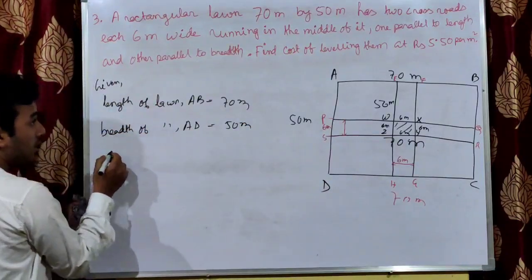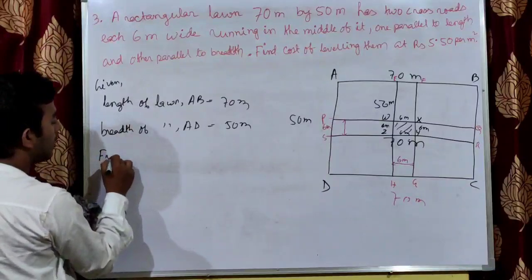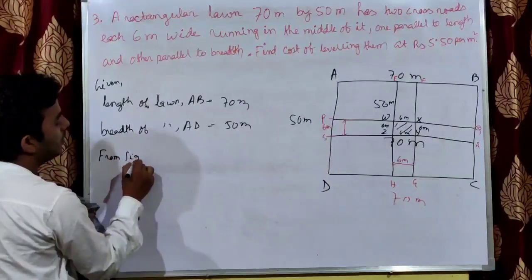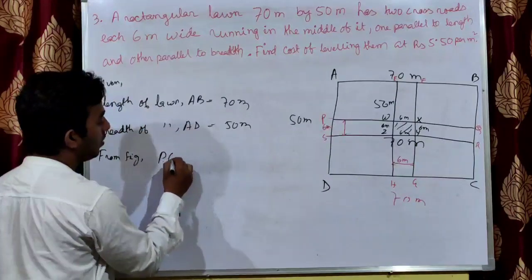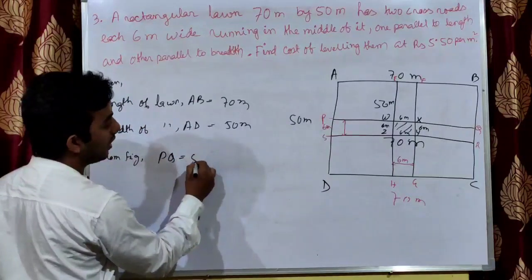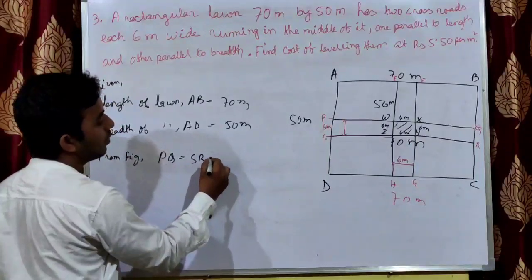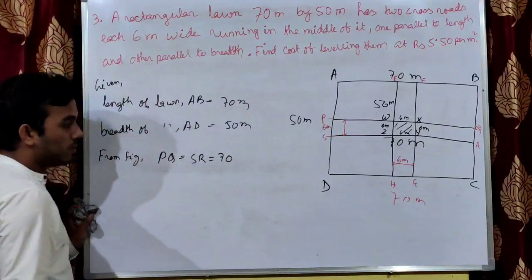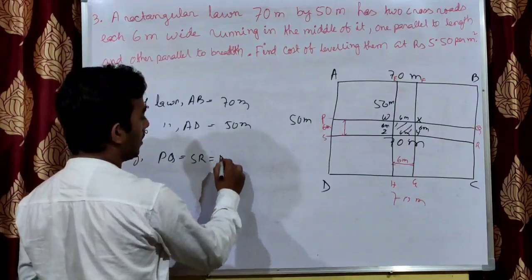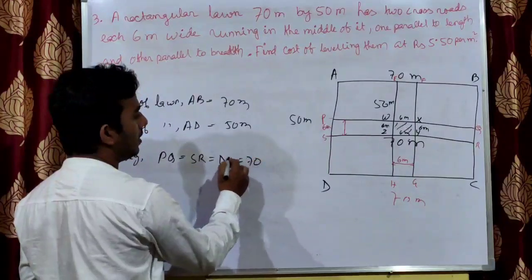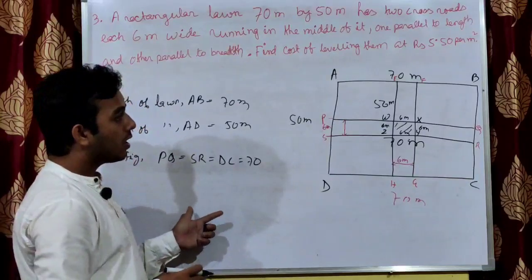Now from the figure, PQ equals SR, or we can write equals DC, equals 70, right?